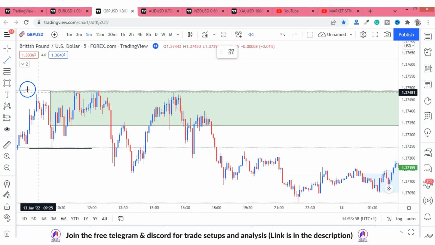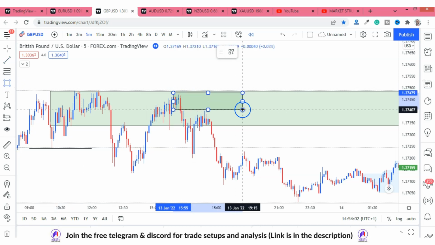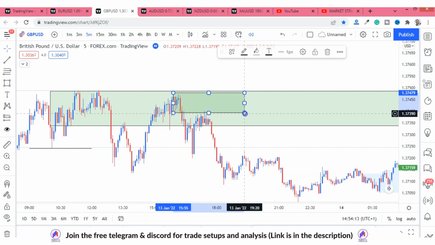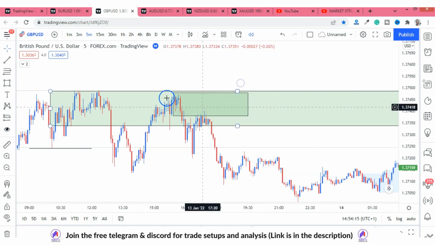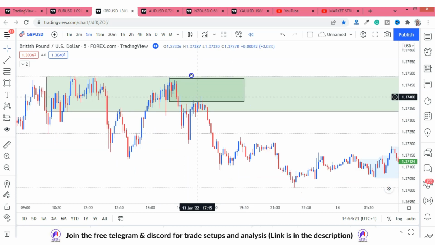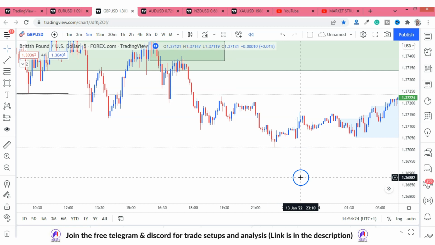As price trades into this area, you take your trade. Price comes back, creates an inducement. The moment price trades above this inducement, you can be a seller. You can start selling from here. Stop loss above, either above this 5-minute high or above the 1-hour high, then you aim lower.